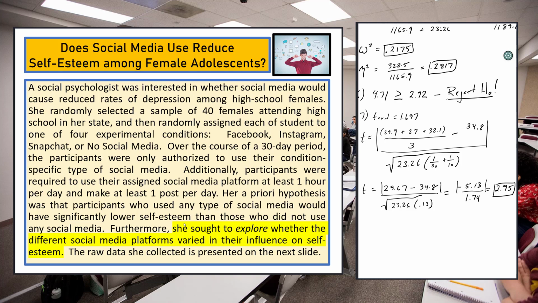The post hoc is when we want the data to teach us, right? Where we want the data to inform our understanding of how social media affects self-esteem. We don't really know. And then we can use what we learn from this to conduct future studies examining the different social media platforms. And at that point, we could create a new a priori hypothesis to test.